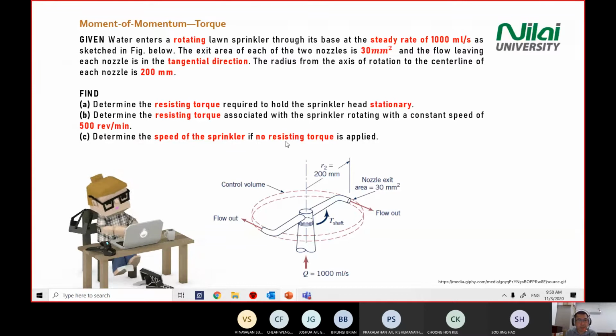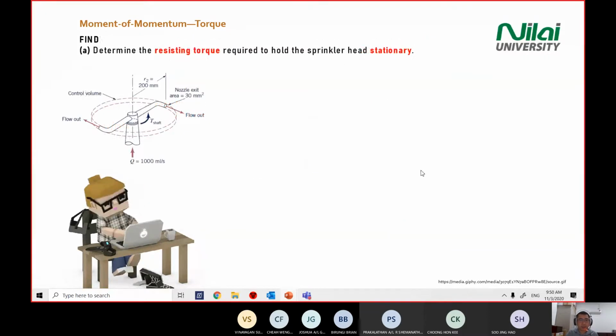And the third one is without torque. So let's see how we apply the moment of momentum equation in this question. If we compare to question 12, that is more of a linear equation. So this one is on the moment of momentum equation.